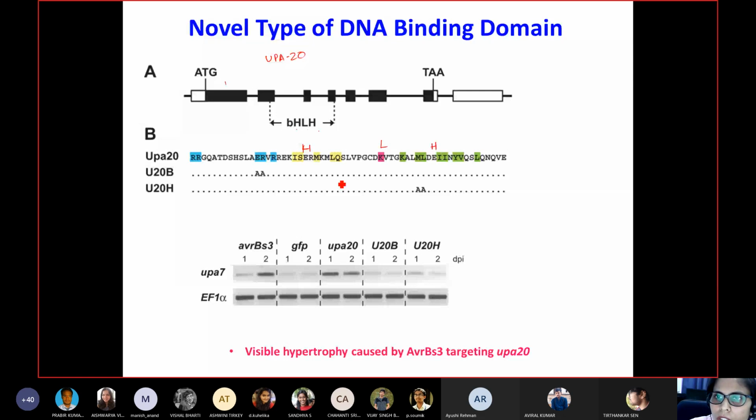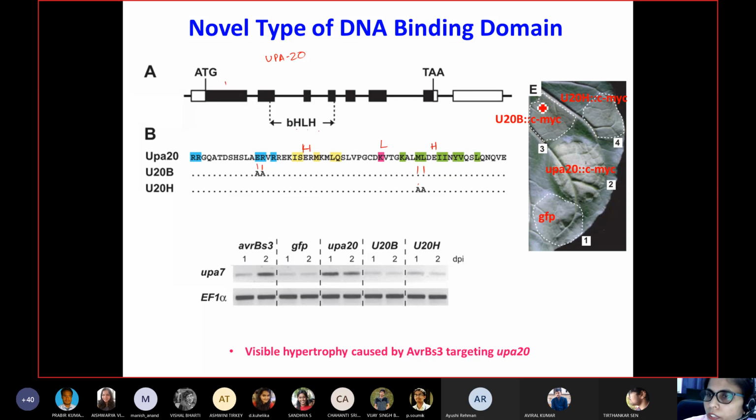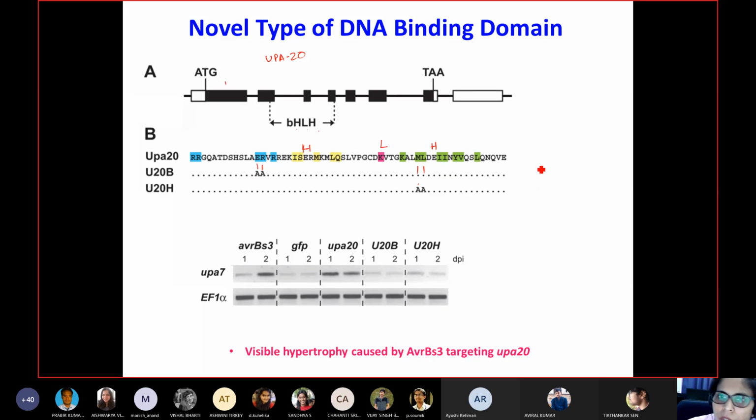This is the polar or conserved region, and they started mutating some amino acids here and then infected the leaf. I will call this the wild type, this a mutant, and this a helix mutant.